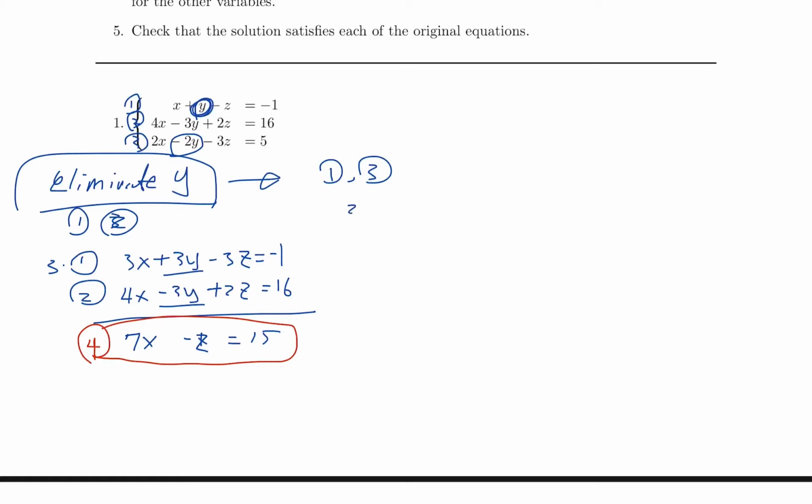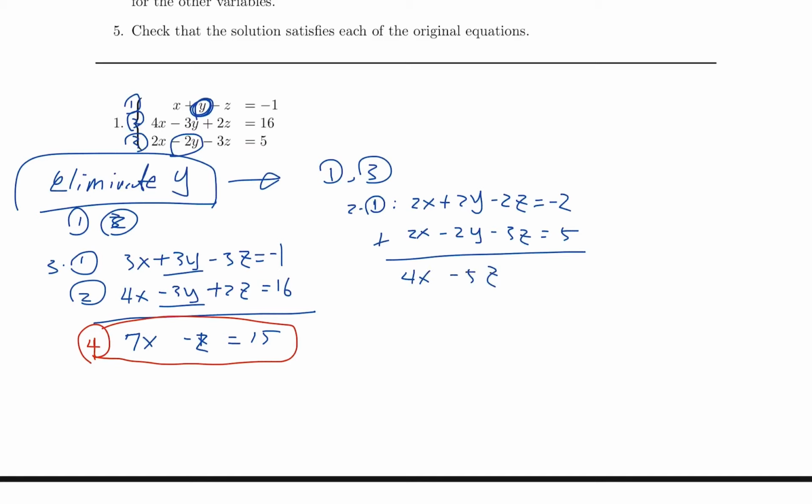So 2 times the first equation gives me 2x plus 2y minus 2z equals negative 2. 2x minus 2y minus 3z equals 5. So I add and get 4x minus 5z equals 3. Now what we have here is the fifth equation.